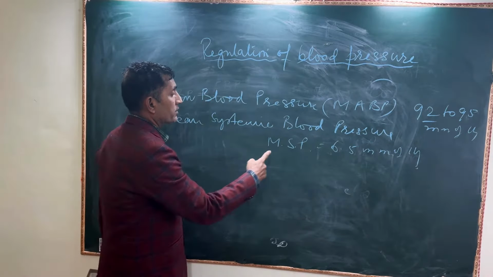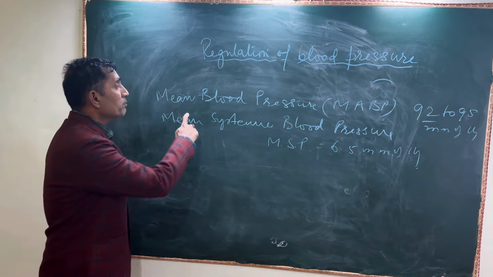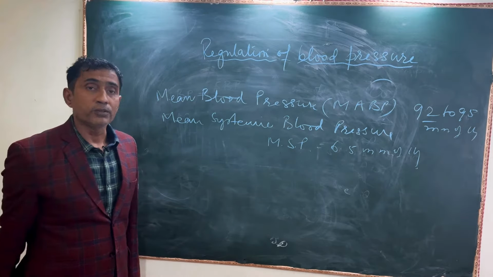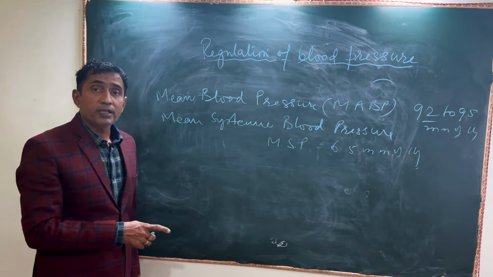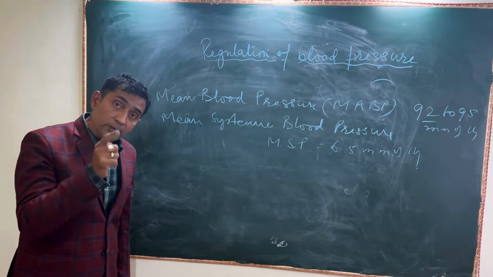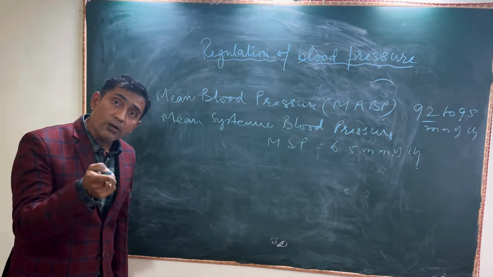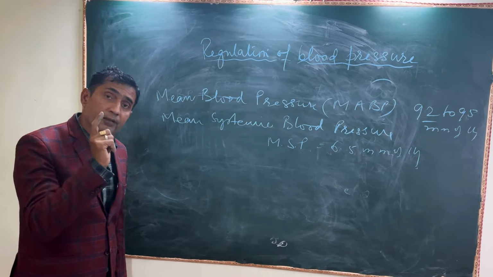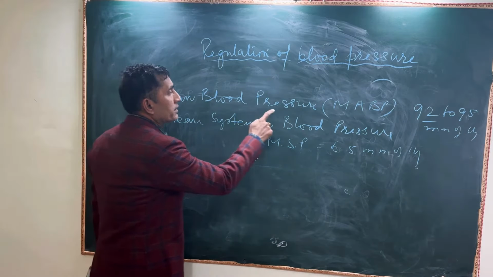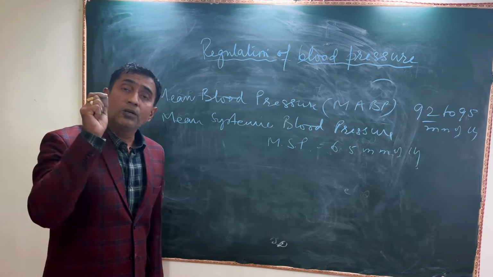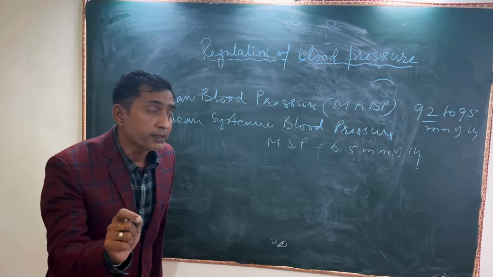See the difference. Mean systemic pressure, mean arterial blood pressure, already I have told you. The mean systemic pressure, actually it is the mean pressure of not only artery, it is the mean pressure of capillaries as well as the vein. But in mean arterial blood pressure, we are talking about only the pressure present in the artery.